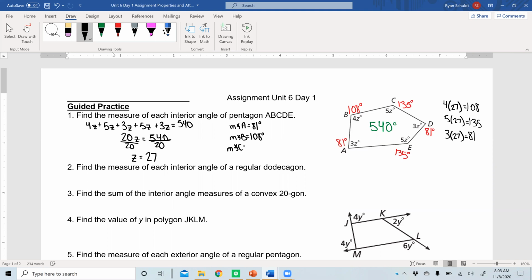Measure of angle C is 135 degrees. Measure of angle D is 81 again. And the measure of angle E is 135 again. So this is really our full answer right here. If you were online, I would want you to tell me this part that we just did, because you can't exactly label the picture and turn that in.